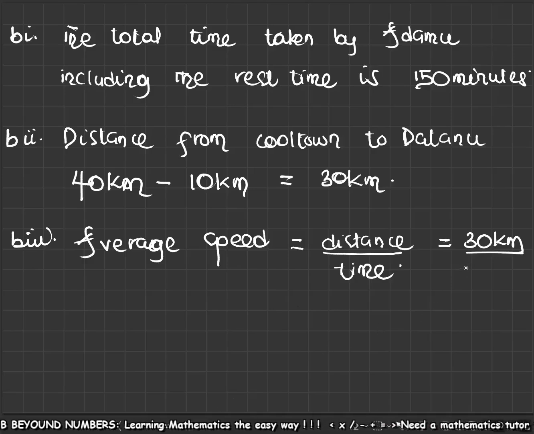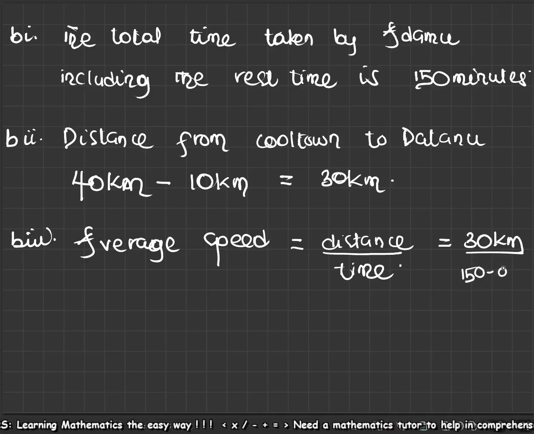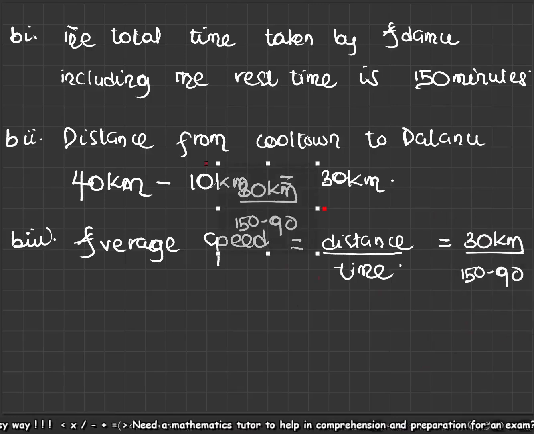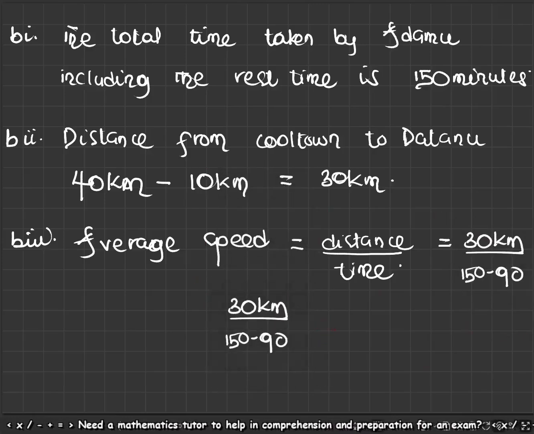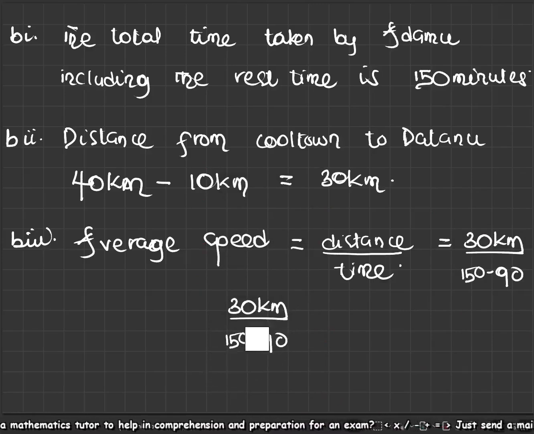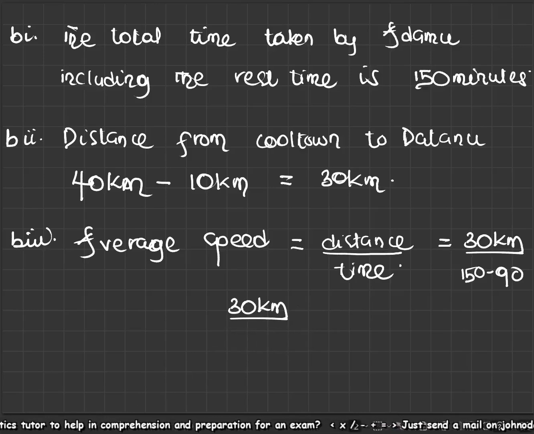So I'll come here and say 150 minus 90. And take note, they are all in minutes, right? So all of this is in minutes. But would we like to represent our answer in minutes? No, because we are talking of kilometers here. So we should use hours rather. So 150 minus 90 gives us 60, you see.